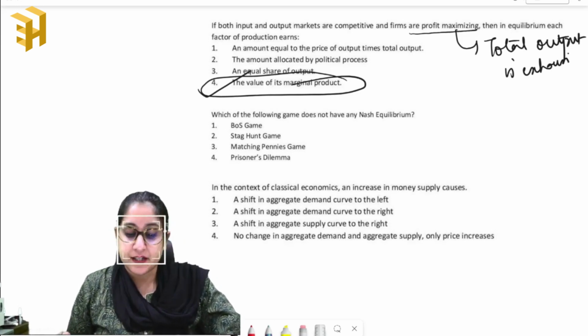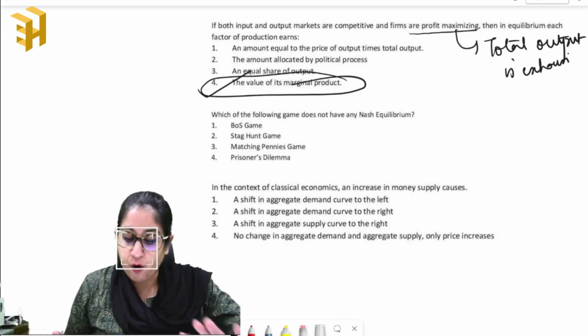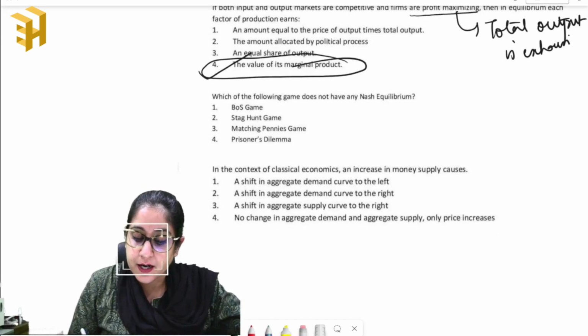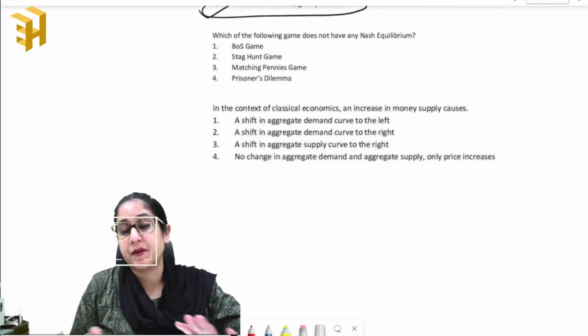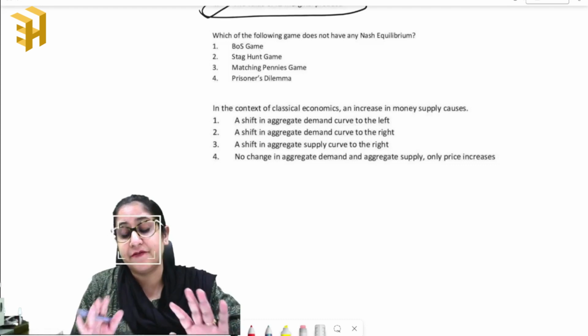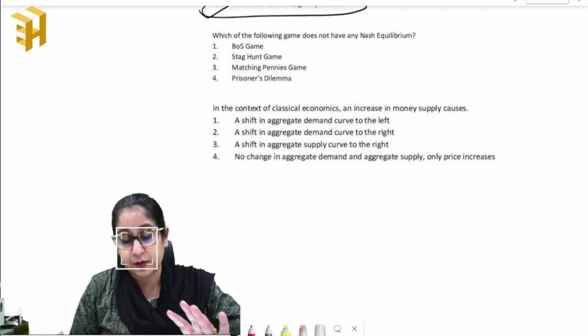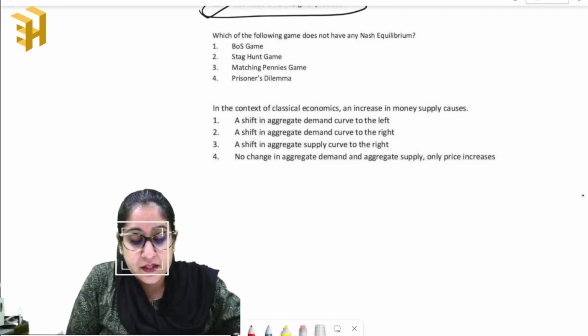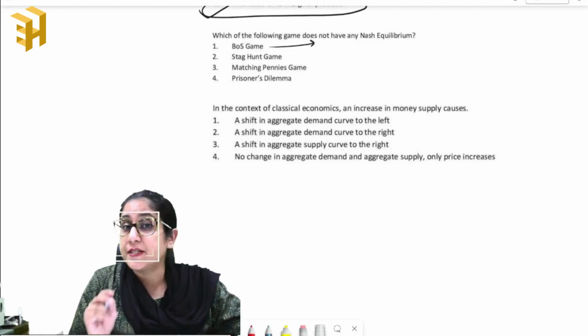Next question. Which of the following games does not have any Nash equilibrium? Now this is very important and very informative as well. Number 1 is the BOS game, Battle of the Sexes.